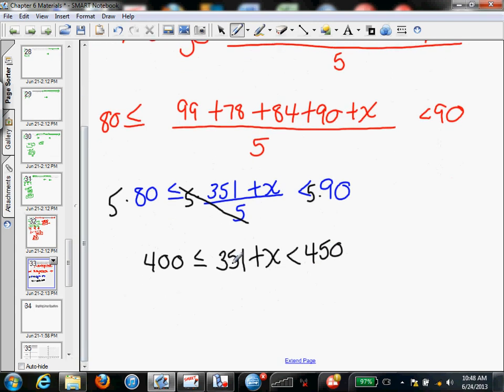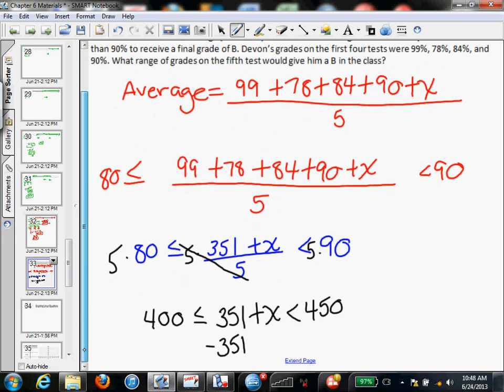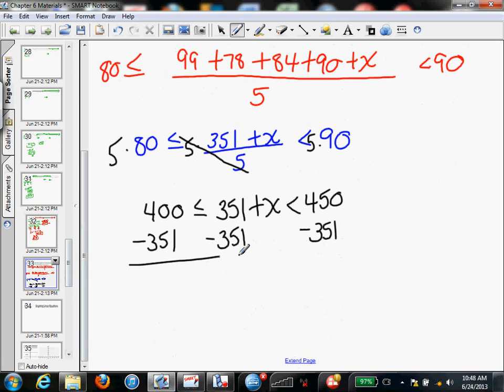Okay, now what I'd like to do is subtract 351 on all sides to free x. So we're subtracting 351 on all sides of the inequalities. And 400 minus 351 is 49.